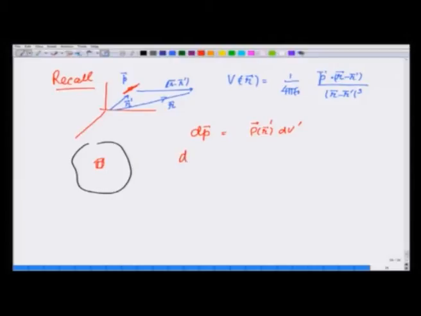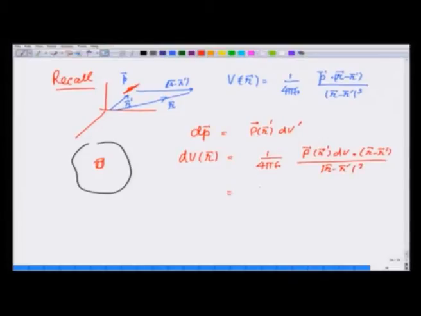The infinitesimal potential due to this is going to be 1 over 4 pi epsilon 0 P at r prime dV prime, that is a small dipole moment, dot r minus r prime divided by |r minus r prime| cubed.